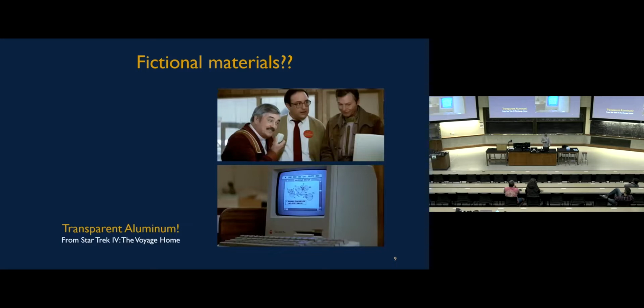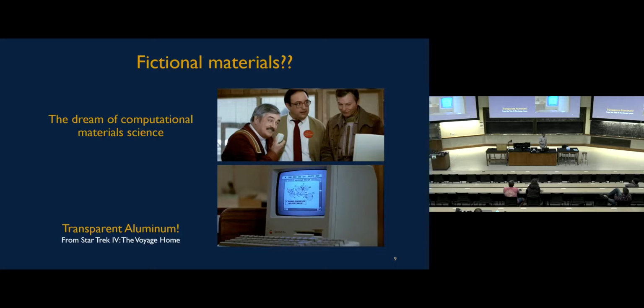So there was a Star Trek reference, and that is transparent aluminum for those of you that have seen this film. Some people need transparent aluminum to hold a lot of water because they're taking whales back into the past on a spaceship. And so they just punch in something on a computer and out pops the formula for transparent aluminum.